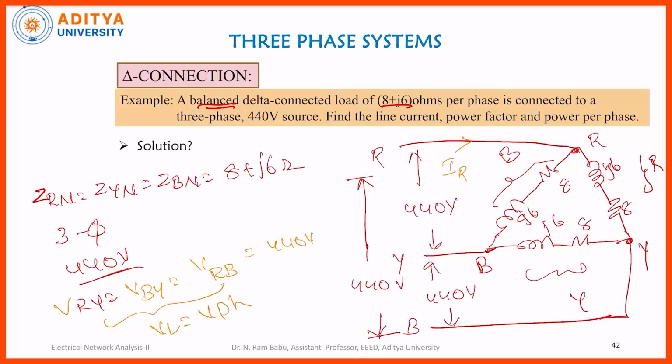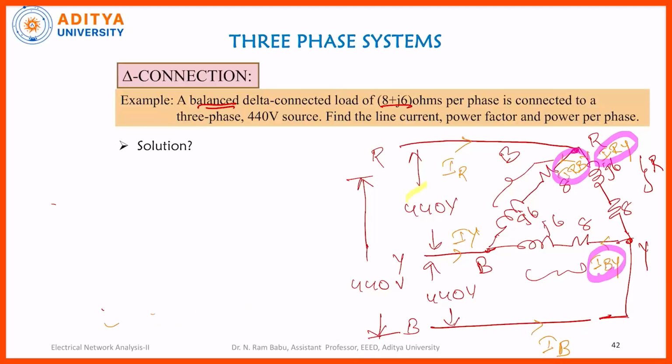This is line current IR, and it will be line current IY, and this the line current IB. Now see here this part again, it will be IRB and this will be IRY and this will be IBY. Let me erase this part, and we will go through the calculation of line currents and phase currents.